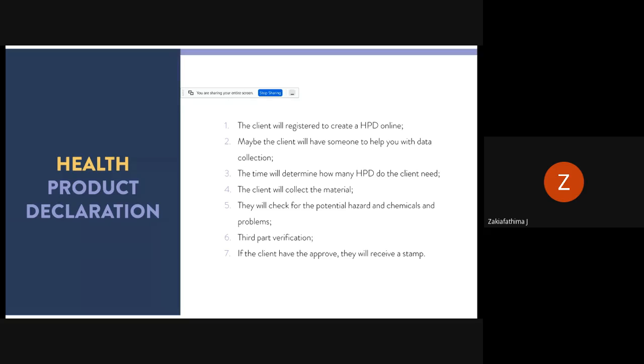Then you will have to see how long it will take for the HPD to determine your product, and how long it takes for your authority to give you the consent. The client will collect the material, check for potential hazards and problems, and then a third party verifier will be sent. After that only will you finally have your approval.